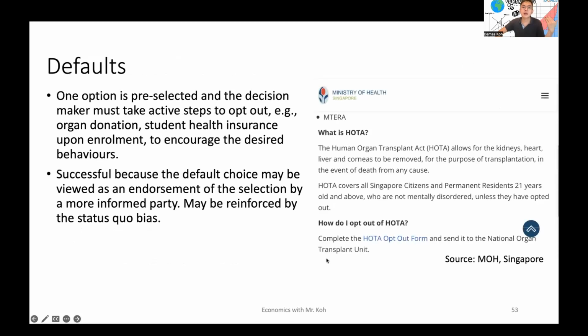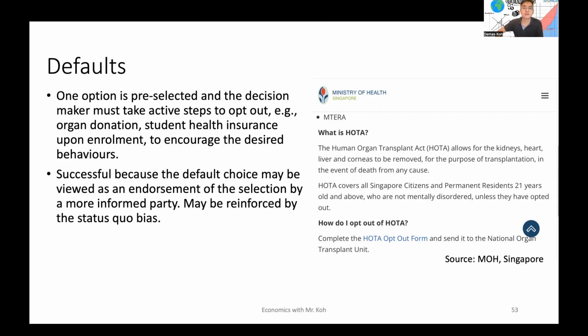Right? Defaults are pre-selected, and the decision maker must take active steps to opt out, such as in Singapore's example of Human Organ Transplant Act. So it covers all Singapore citizens and permanent residents, 21 years old and above, who are not mentally disordered, unless they've opted out.